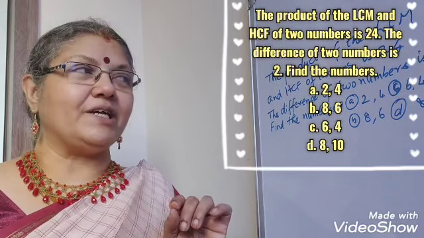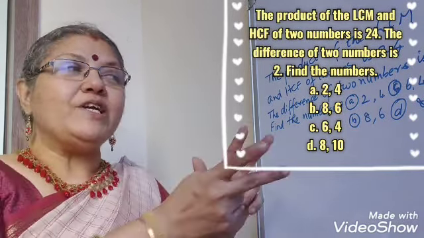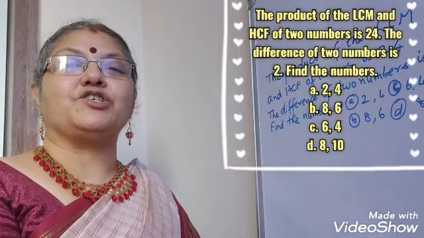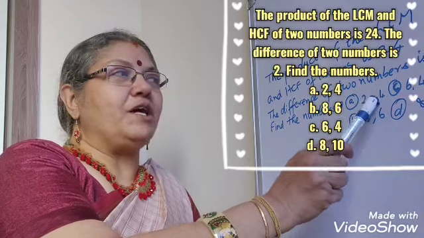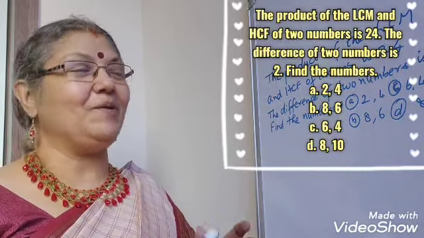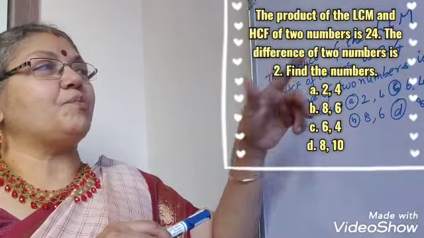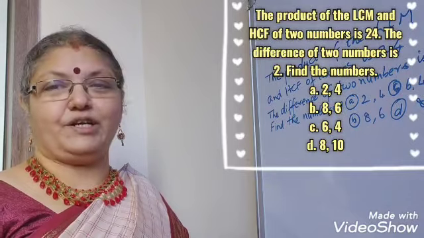So one of the tricks that I often tell children is you can always go in the reverse direction. For example, you can always ask, okay, 2, 4, do these belong to this? So it says the product of the LCM and the HCF of two numbers is 24.